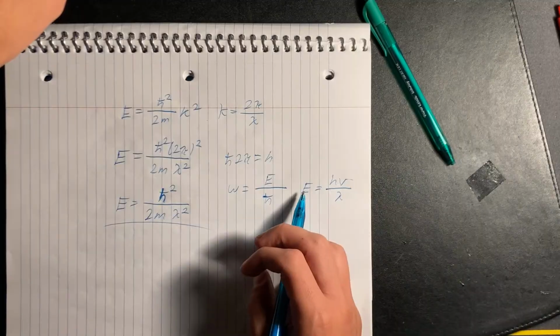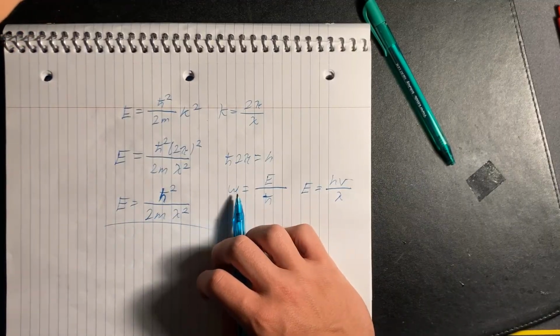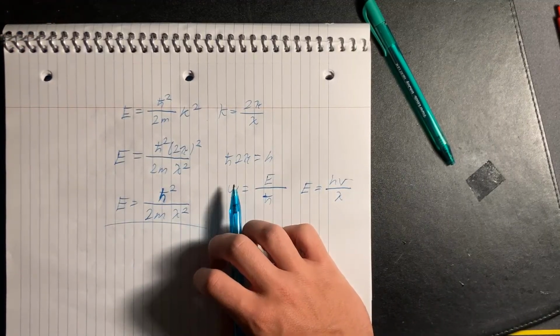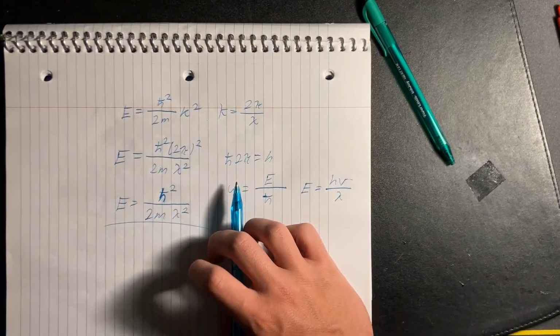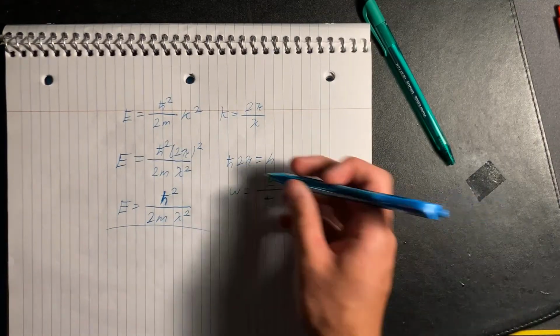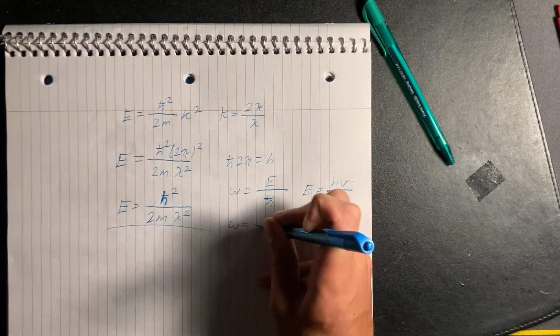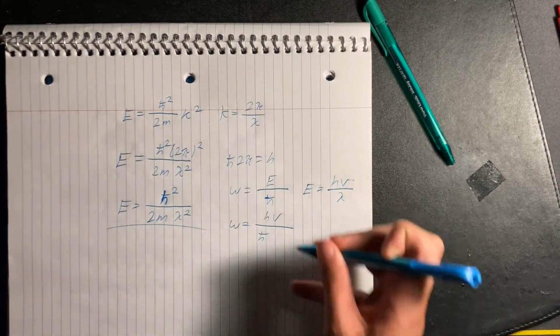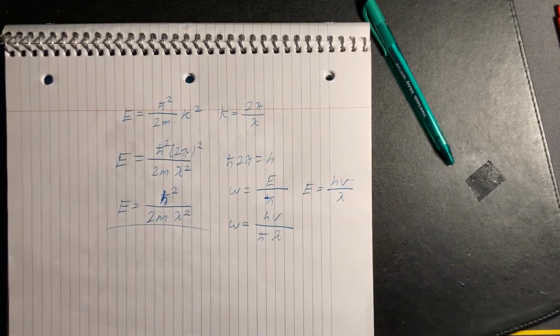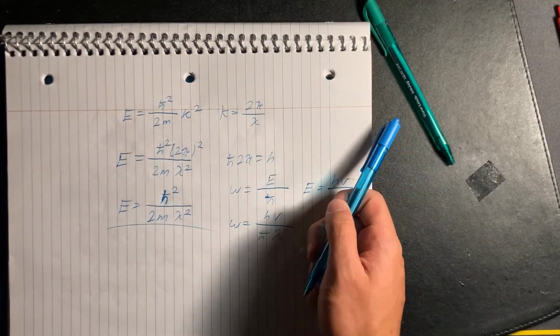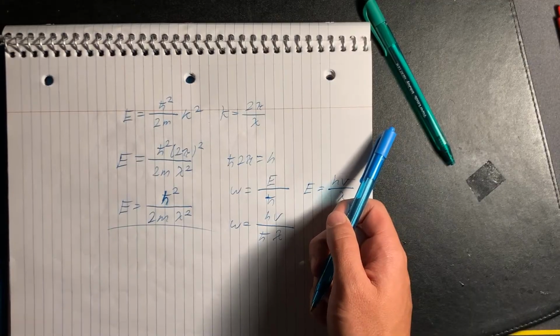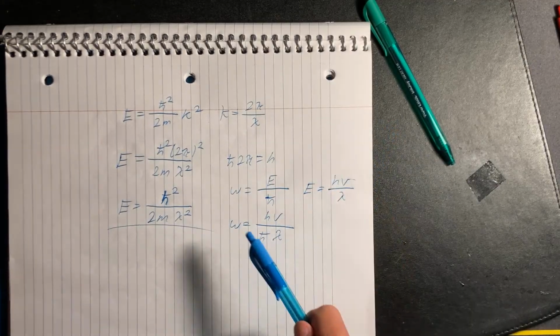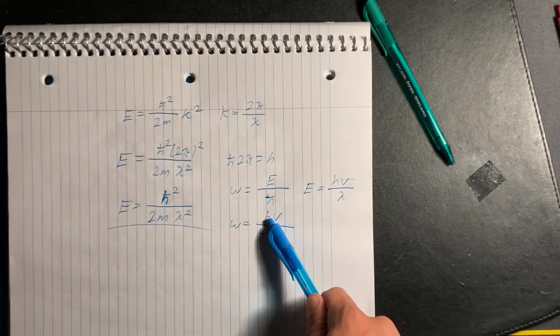So you actually put that in and end up with omega equals hv over reduced Planck constant and then lambda. So we have reduced Planck constant and regular Planck constant.